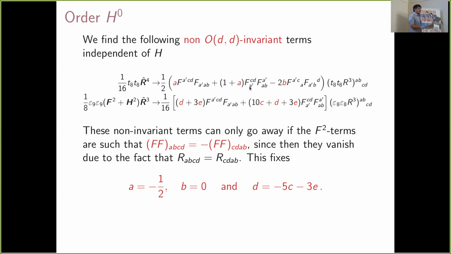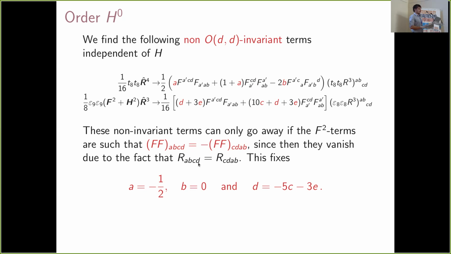So the only way that this can cancel out is actually if this combination of two F's is such that it's anti-symmetric under exchanging the two pairs of external indices here, AB and CD. So if the FF terms are such that FF ABCD is minus FF CD AB, then this expression and that expression vanishes because the Riemann tensor has a symmetry under exchanging these pairs of indices.